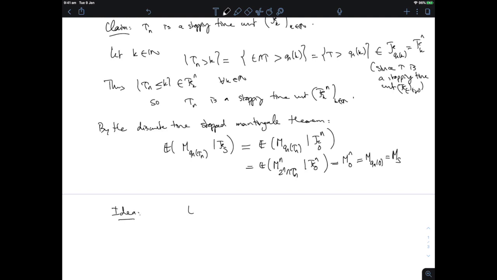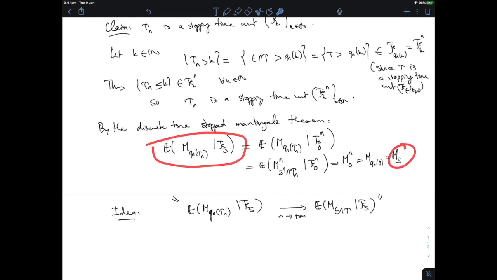The expectation of m of qn of tau n given F_s, and I'm going to put that between quotation marks because we need to make it precise in which sense we're taking the limit, will tend to the expectation of m of the minimum of t and tau given F_s, since qn of tau n stays below t. And then our proof will be concluded if we can indeed pass to the limit in this equality.